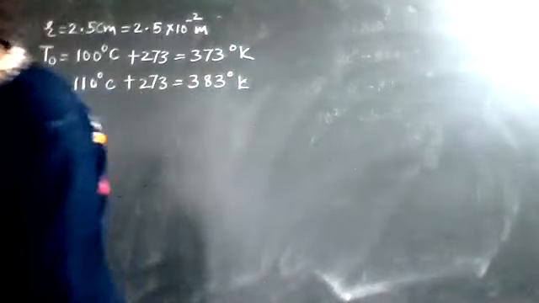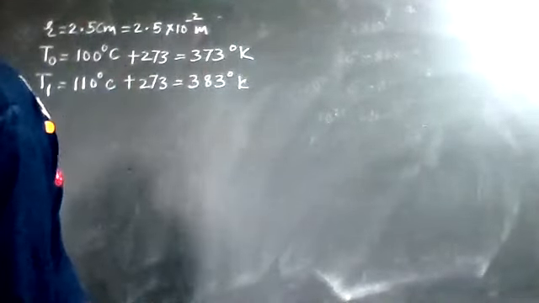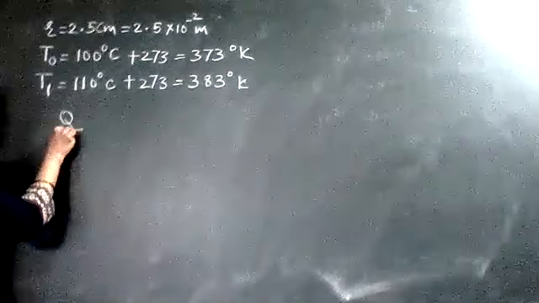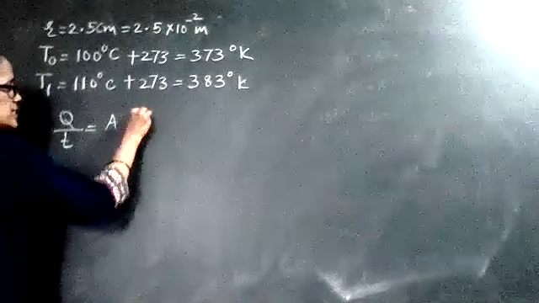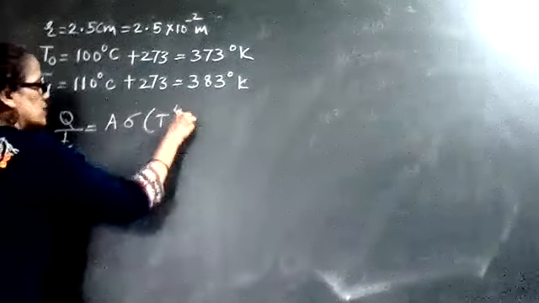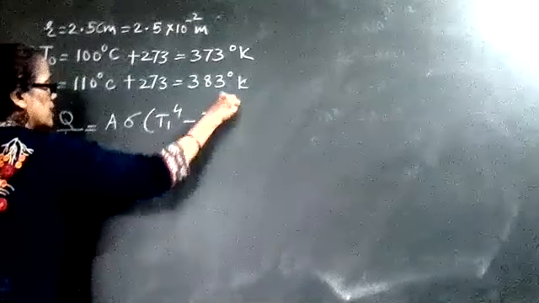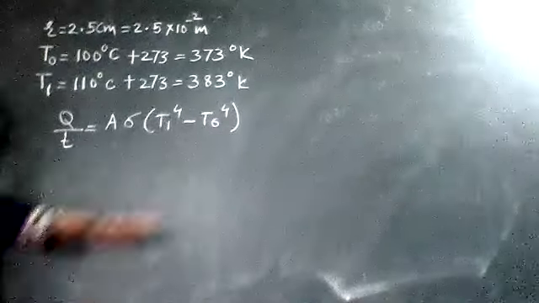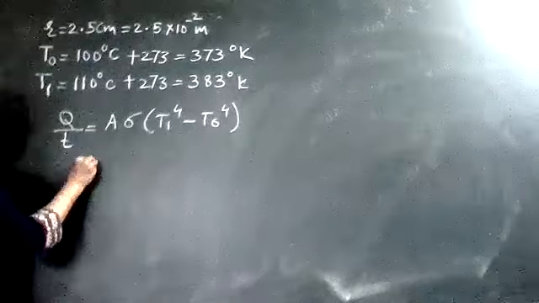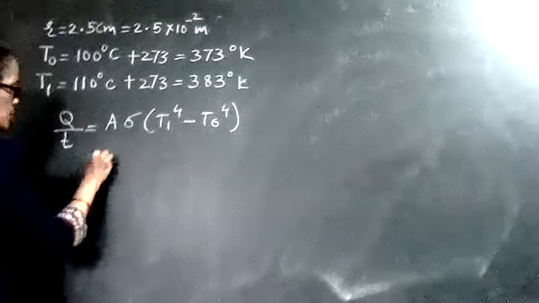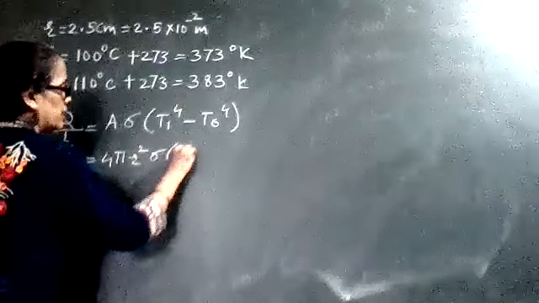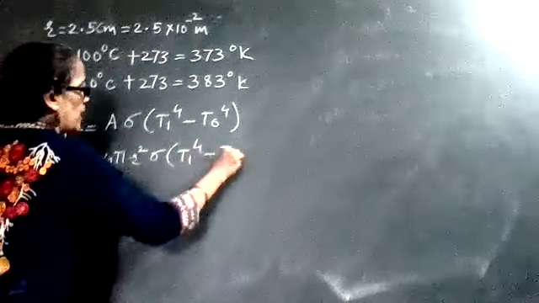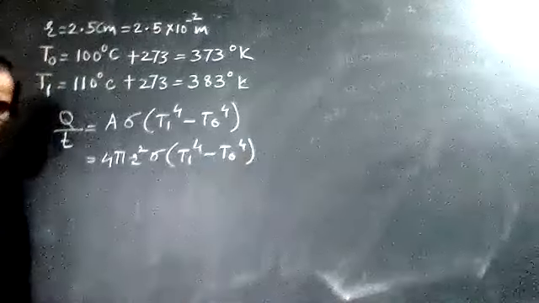Right? And I want to calculate the rate of energy. So rate of energy, Q by t, is equal to A sigma T1 raised to 4 minus T0 raised to 4. Again, your Stefan's law. Area, it is a sphere, so area of sphere is 4 pi r square. Sigma T1 raised to 4 minus T0 raised to 4.